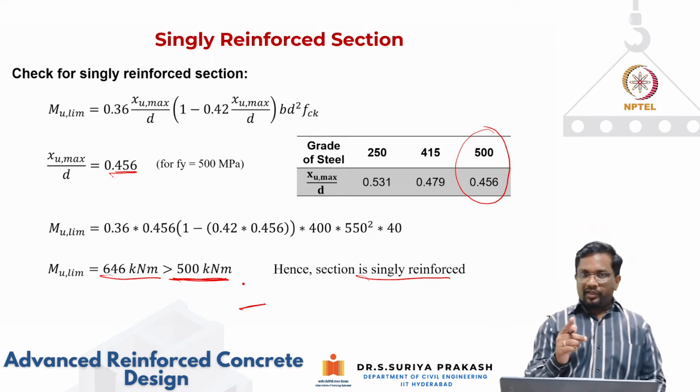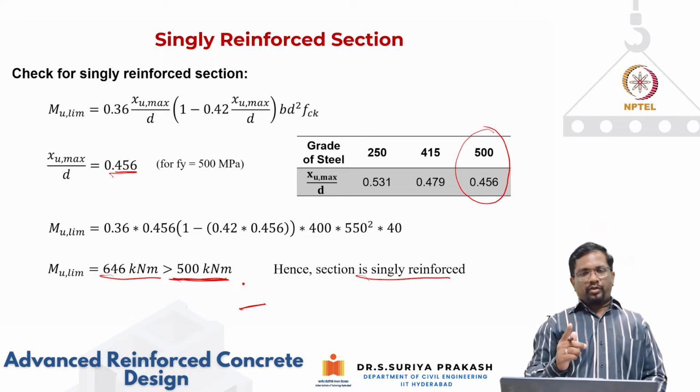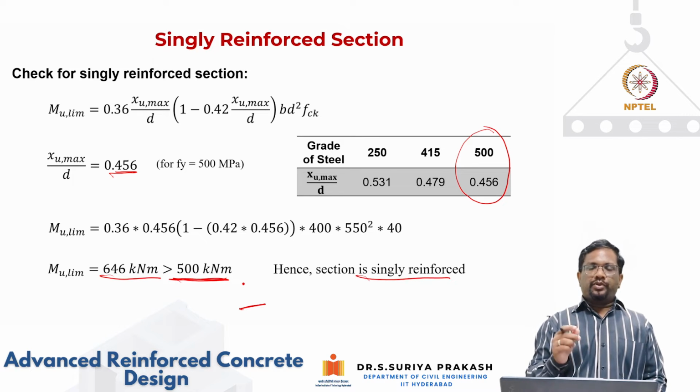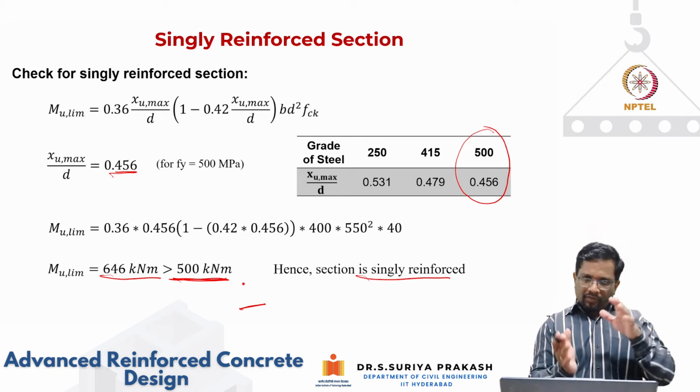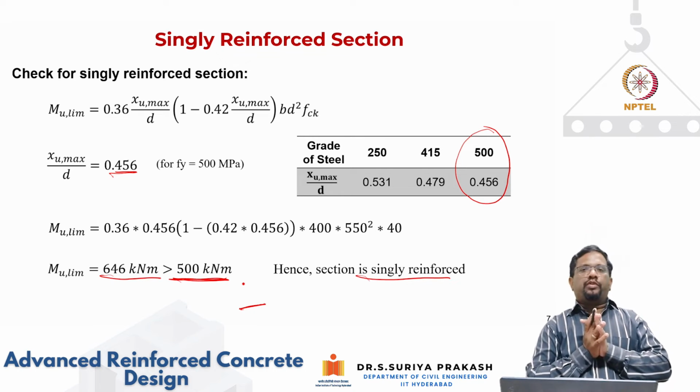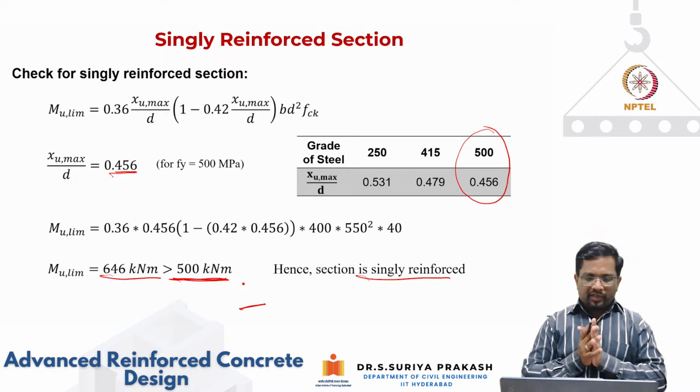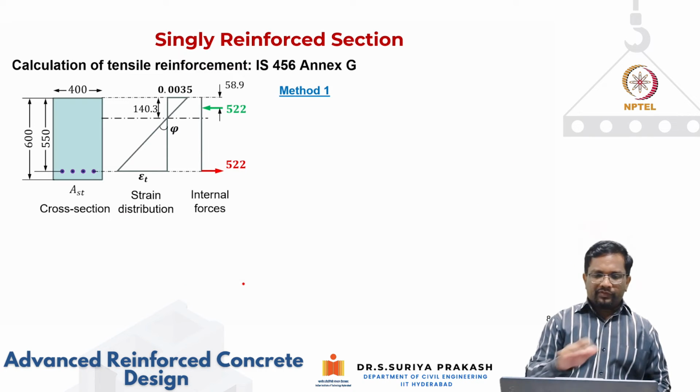Why is this condition put? We want to make sure that the steel is going to yield before the concrete reaches a compressive fiber strain of 0.0035. That is why the code limits the maximum moment capacity a particular section can have. Now we have checked this.